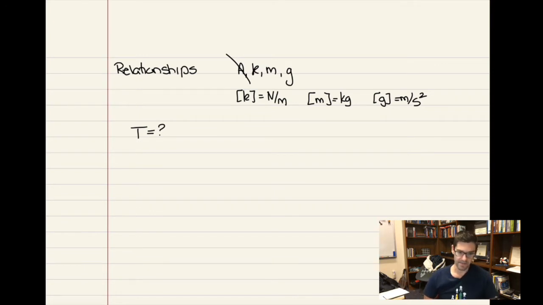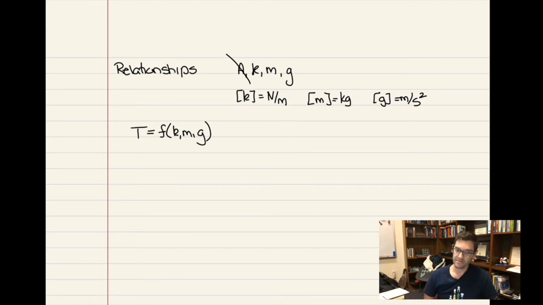So if I'm going to come up with some formula that might depend on k, m, and g, I know that units don't lie. Whatever combination of variables I use in my expression for the period must have units of seconds. Else, this is nonsense, and this entire semester has been a waste of time.